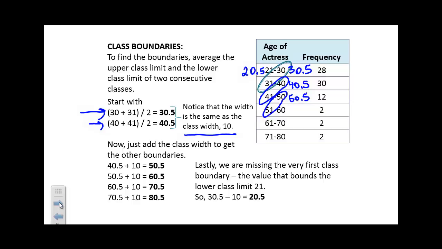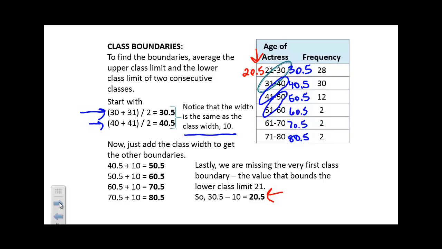So we have 50.5, 60.5, 70.5, 80.5, and oh wait, we didn't have that one yet. I knew what it was, but we didn't have it at that time. Now we're going, okay, we're still missing one. We need the one that falls in the front, and so we go 30.5 minus 10. That's 20.5.